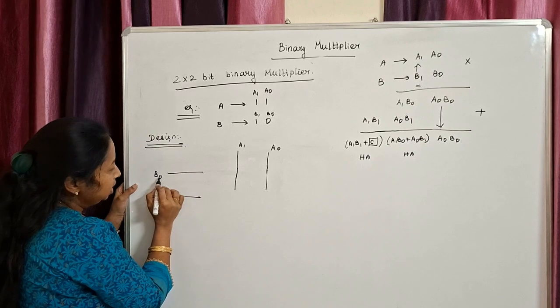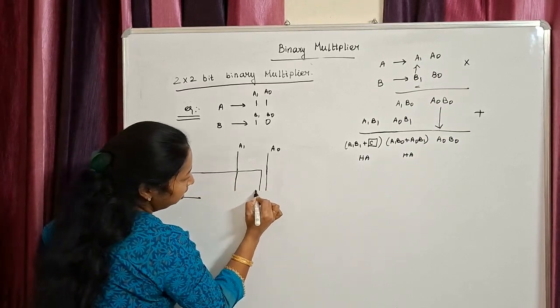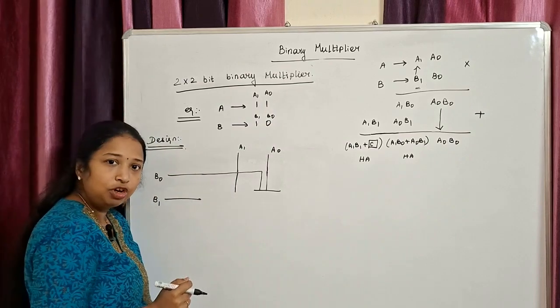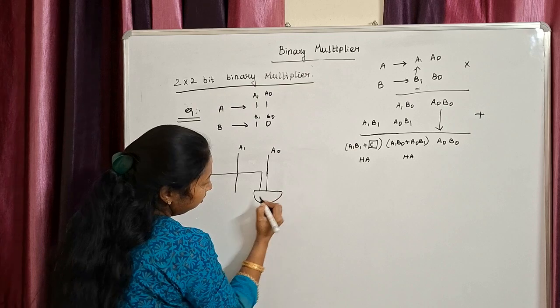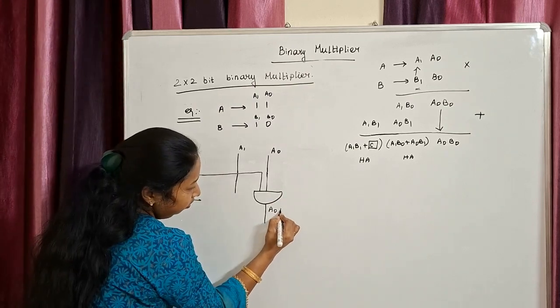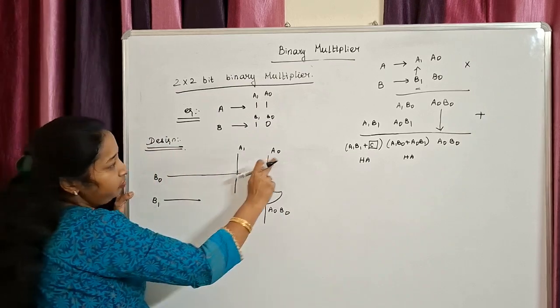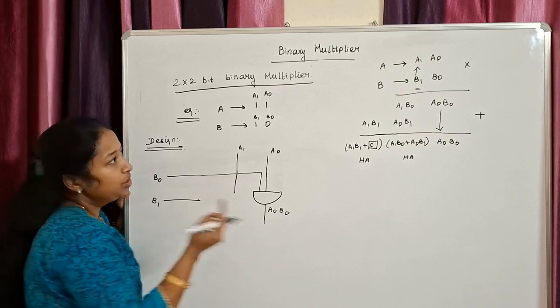Do the multiplication. For multiplication, which gate will you be using? You will be using an AND gate. So, what is the output of this? A0, B0. That is this. Clear? Now, what is the second step?